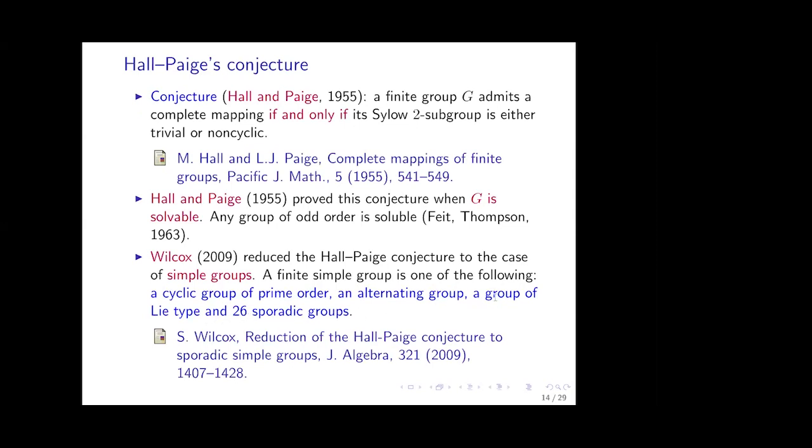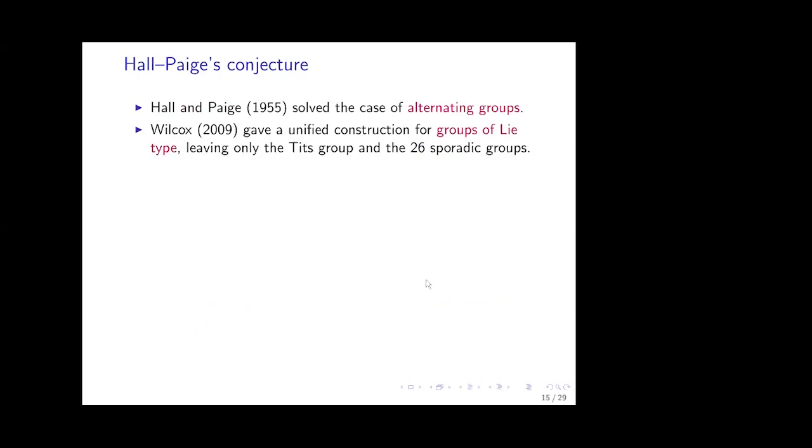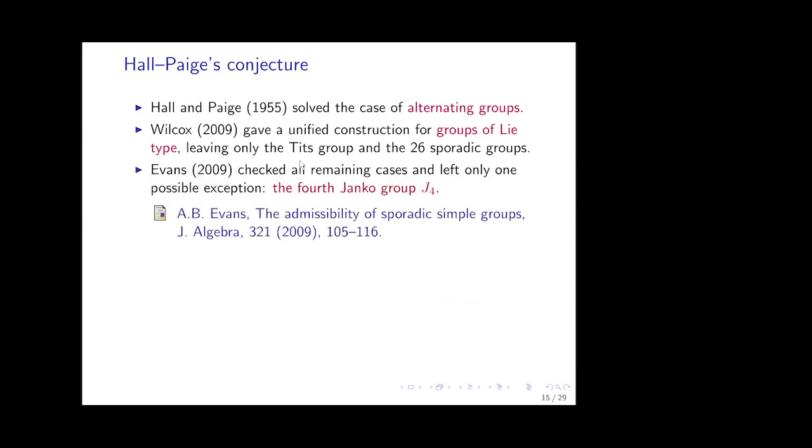And for the remaining cases, Wilcox in 2009 gave a unified construction for groups of Lie type, leaving only the Tits group and the 26 sporadic groups. And in the same year, Evans checked all remaining cases and left only one possible exception, the fourth Janko group.